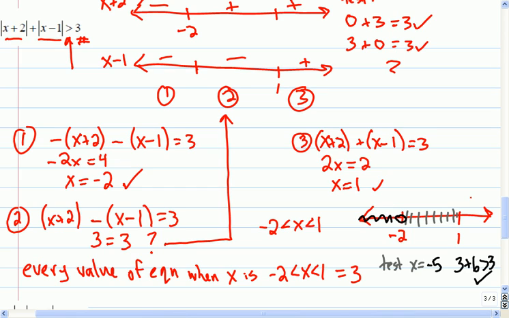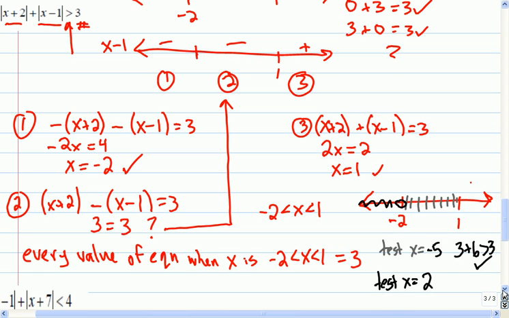Okay. And let's test another point, like say x equals 2. Then that means I'm going to get 4 plus 1, which is still greater than 3. So this part of it works as well. Okay, so that would be what my solution looks like in that situation.